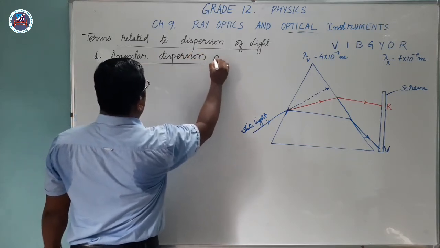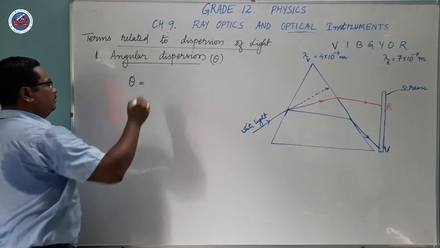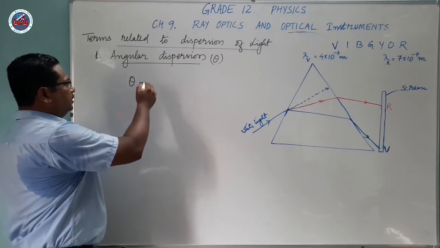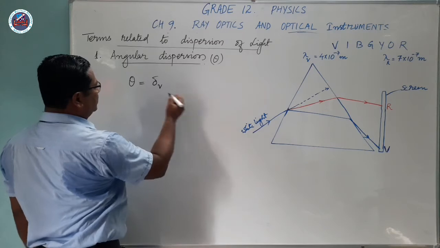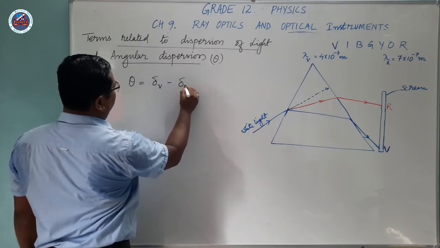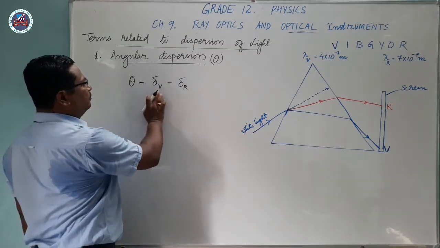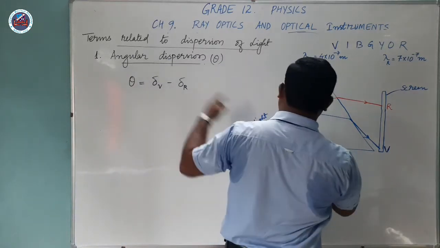Angular dispersion, we write it as θ. It is defined as the difference between the two deviations. One is for violet light, the deviation is more, and for red light, the deviation is less. So the difference of the angles of deviation of violet light and red light, we call it as angular dispersion.